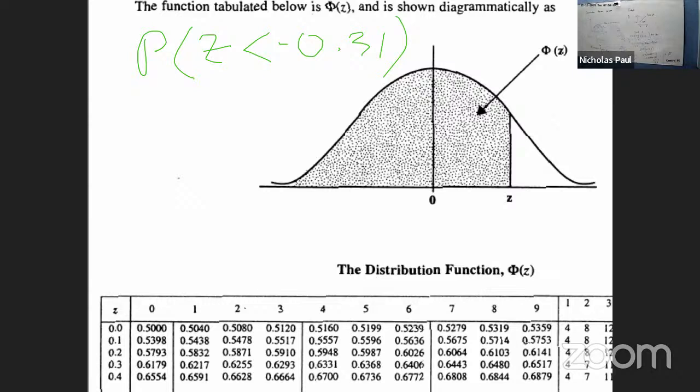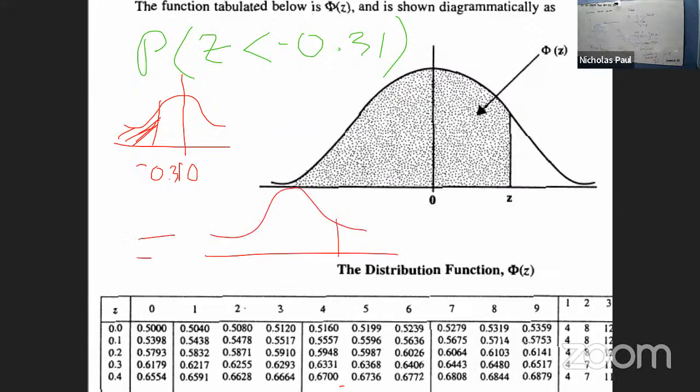First thing I want you to do is sketch it. And then in your mind, remember here is 0. Minus 0.31 will be on the left side. And I said less than minus 0.31 to be shading here. What you will recognize now is that piece that I shade there is the same, because it's symmetrical, as shading more than 0.31 there.